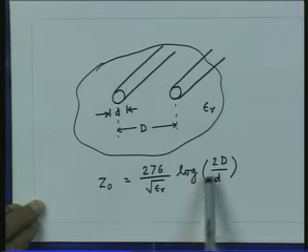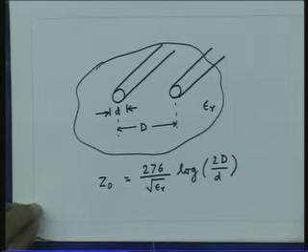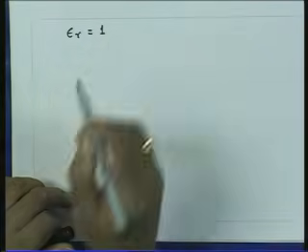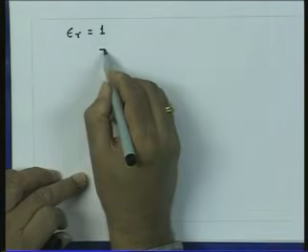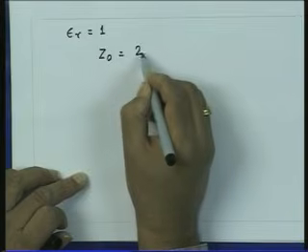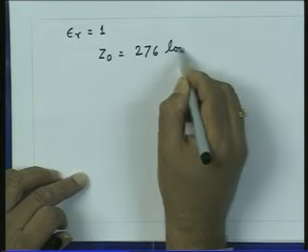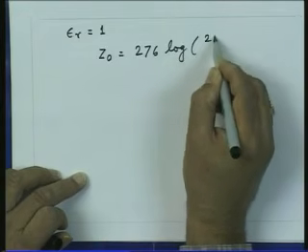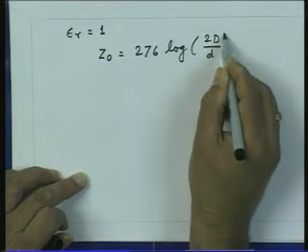So, if I take epsilon r equal to 1, then Z0 will be 276 log of 2D upon d.